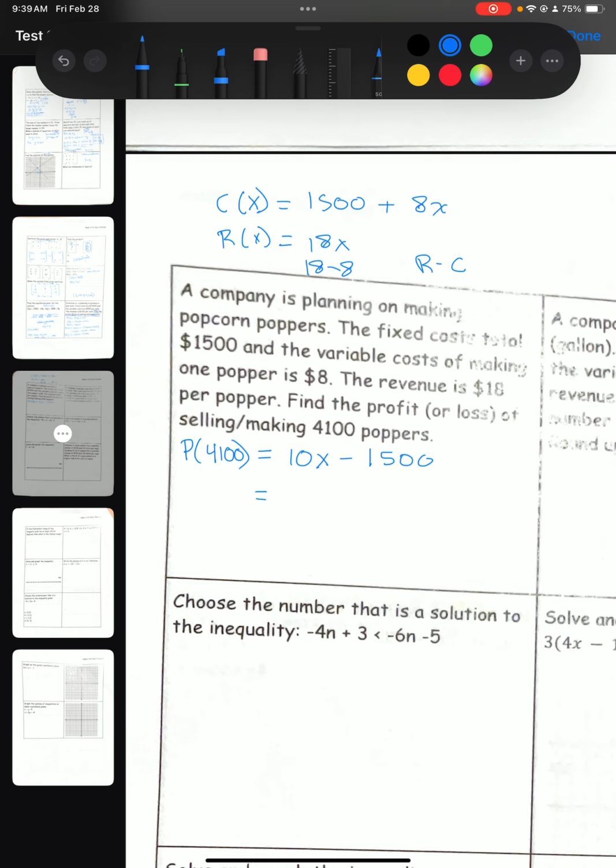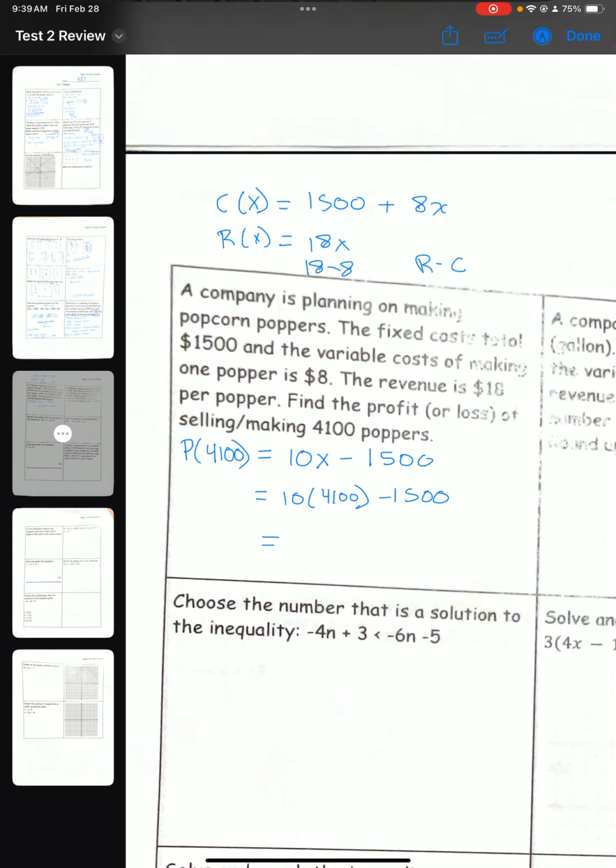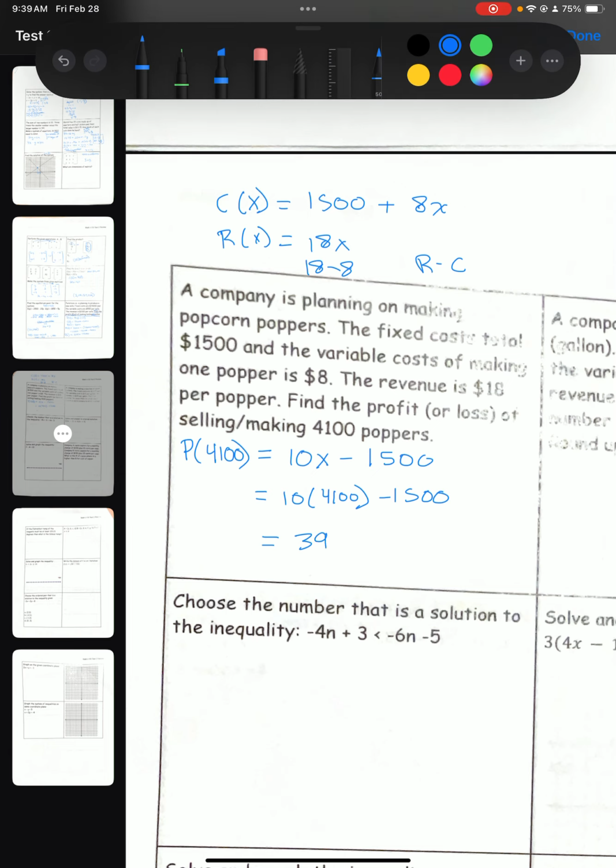So you should have 10 times 4,100 minus 1,500, and you're going to get an answer of 39,500. Since it's a positive number, we have a profit here.